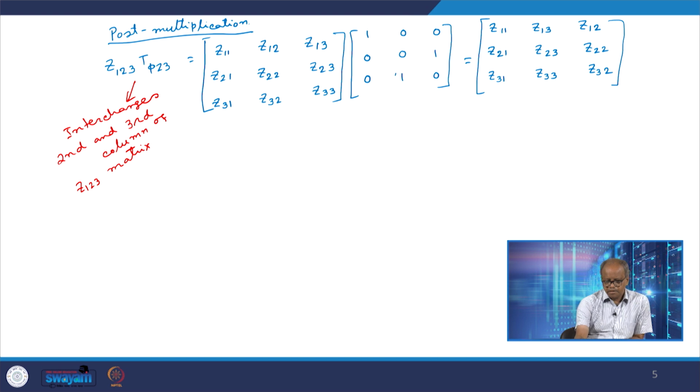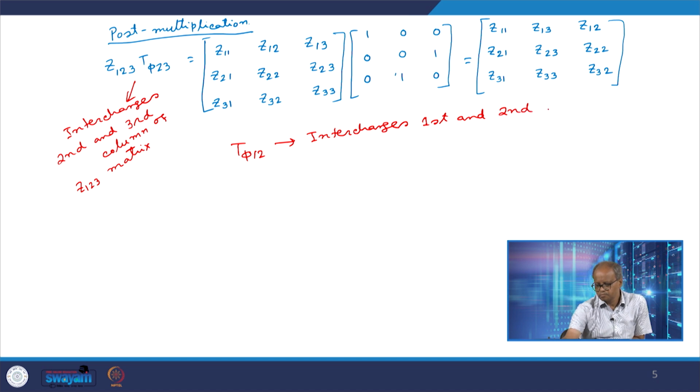Similarly, if I post multiply by T phi 1 2, it interchanges the first and second column, and if I post multiply by T phi 1 3, it interchanges the first and third.